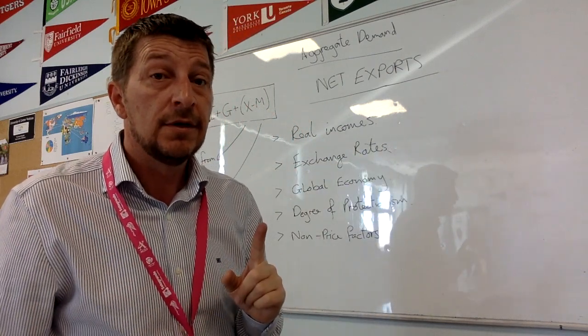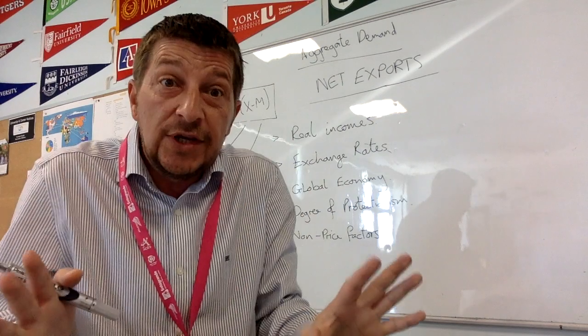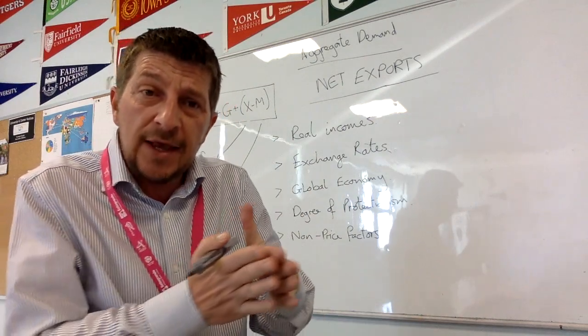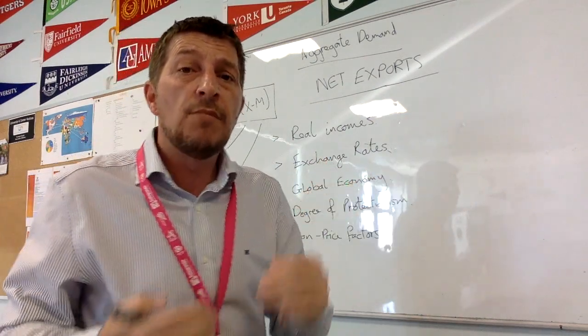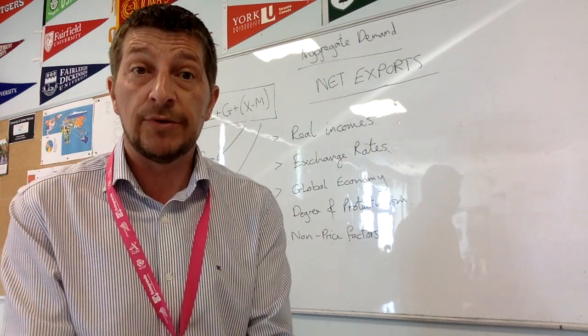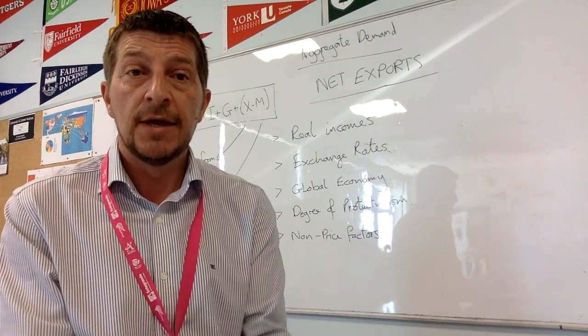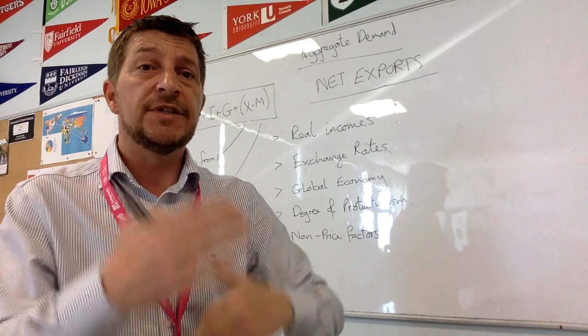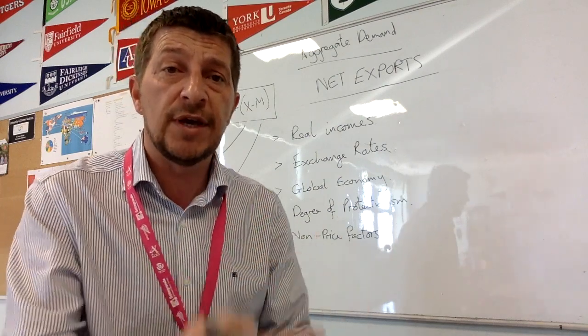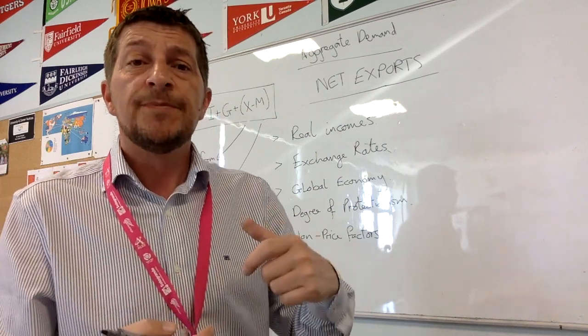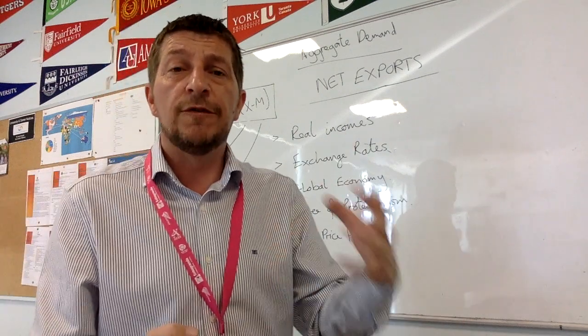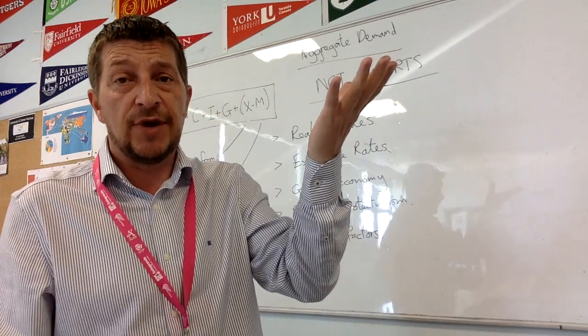Now in that sense, if real incomes are increasing, then what happens? Well, studies show that as people's incomes increase, they are much more likely to import products. Imported products are often seen as something different, something luxurious, something which you might be able to afford as your incomes increase.